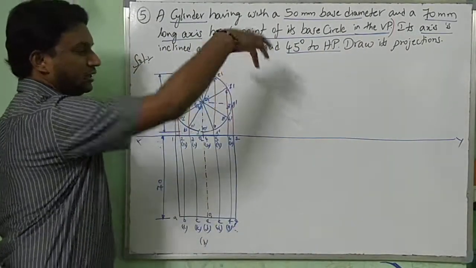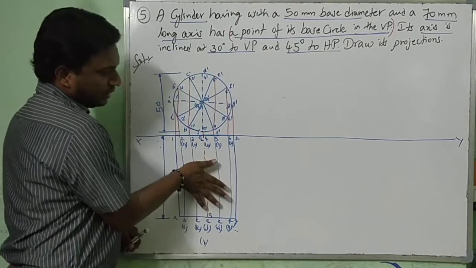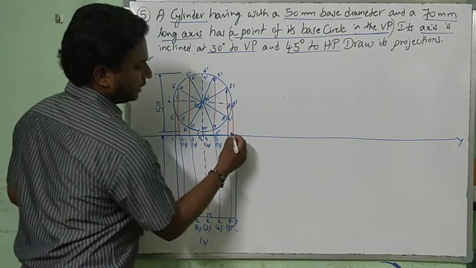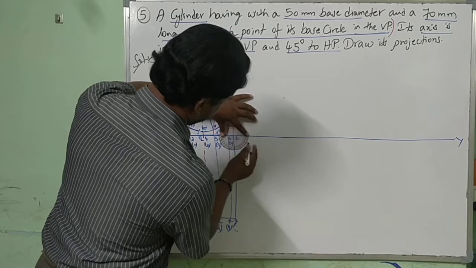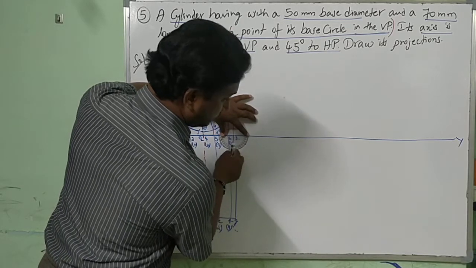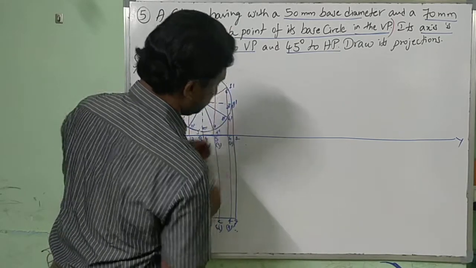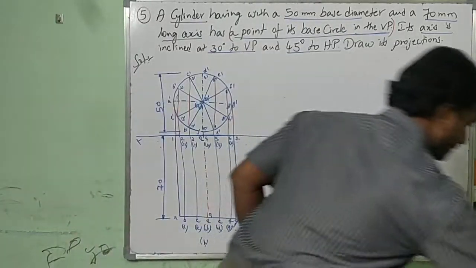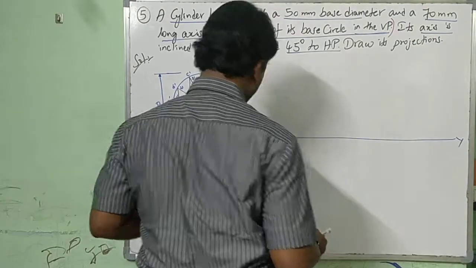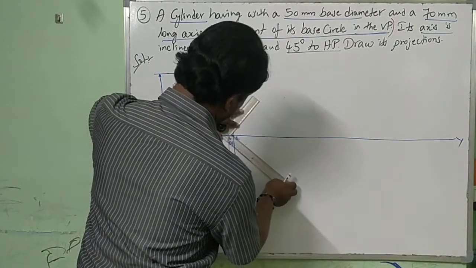Which view can you see? Top view. So this same thing has to be rotated at an angle of 30 degrees. Just drawing a 30 degrees line.